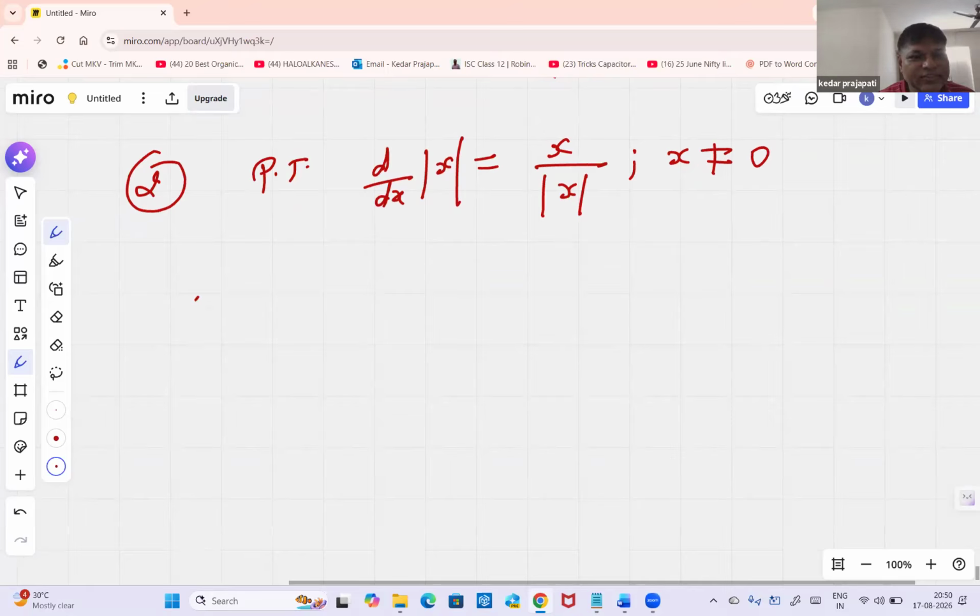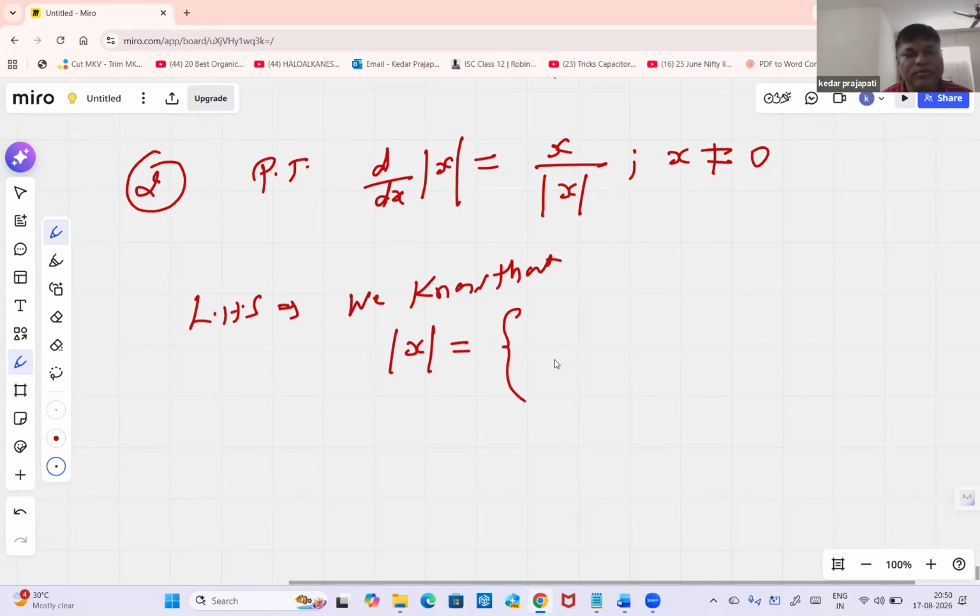LHS equal to this, right? First, we know that mod x is equal to x when x is greater than 0, and this is minus x when x is less than 0.